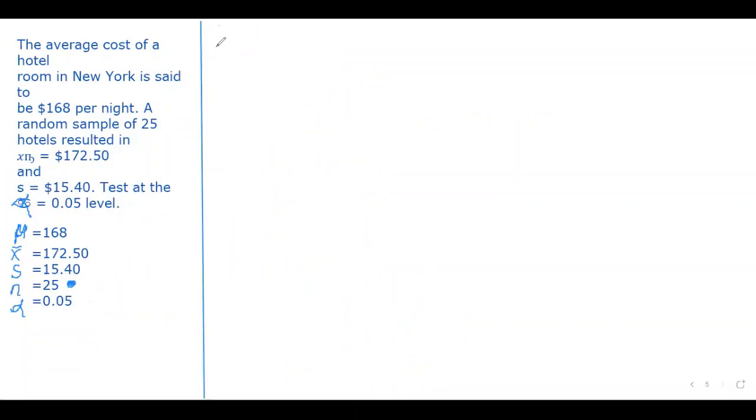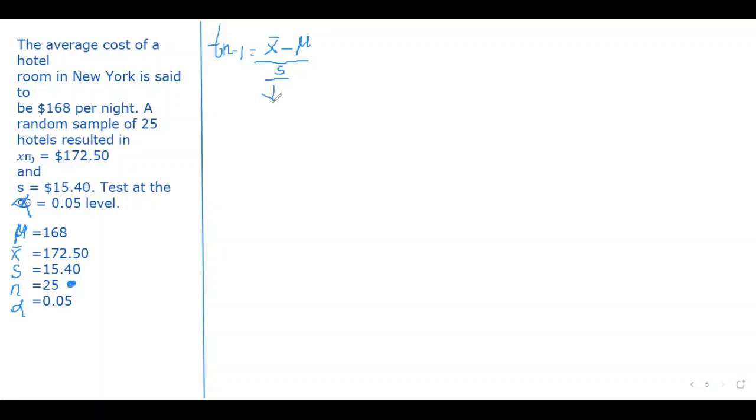The T test is t with n minus 1 degrees of freedom, equal to the sample mean minus the population mean, all over s over the square root of n. This one is not the standard deviation, it is s, which they give to us.